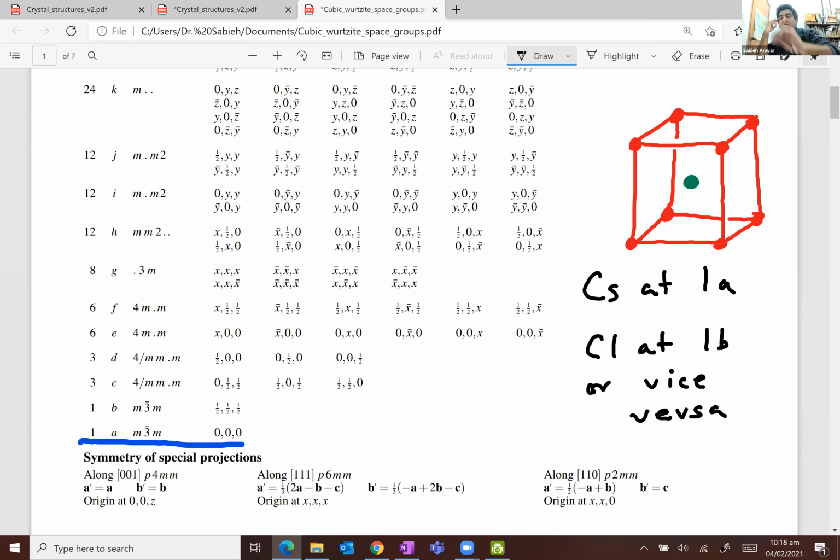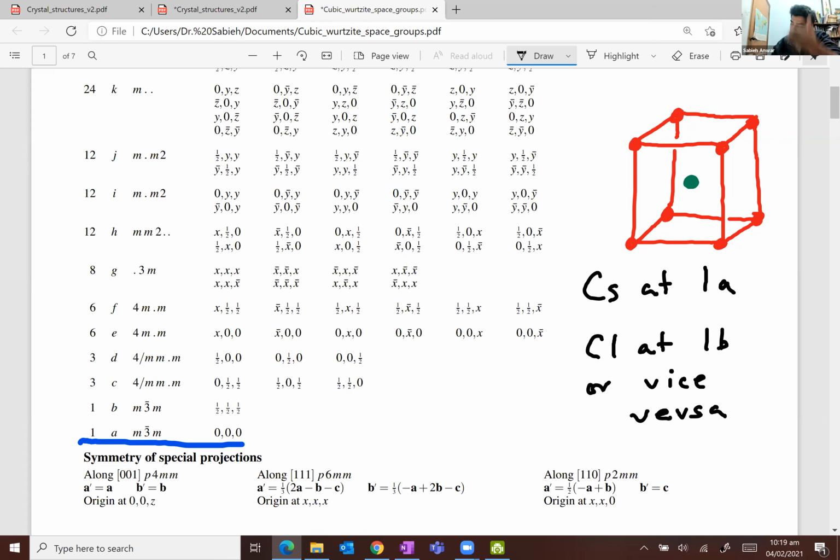But now we have two different chemical elements placed at the different locations. So it's not a body-centered cubic unit cell. Rather, it is a primitive cubic unit cell, even though apparently for a novice it looks like a body-centered structure. The motif is different. It comprises one cesium atom and one chlorine atom. The cesium atoms are located at location 1A and the chlorine atoms are located at location 1B.